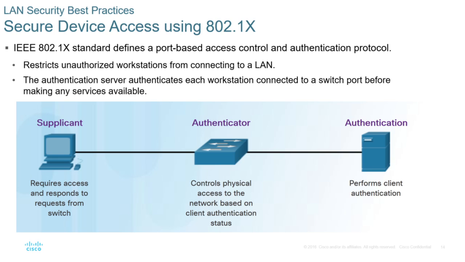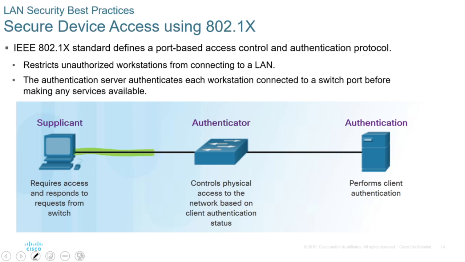One of the other things that we can have in secure network environments is what is called secure device access. In addition to authenticating users, we are also able to authenticate devices. We can define certain port-based access control with an additional authentication policy.